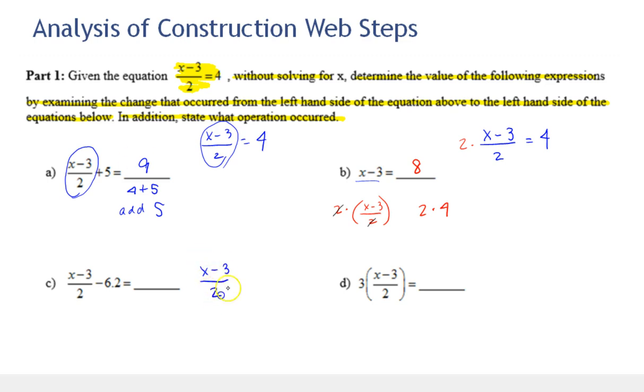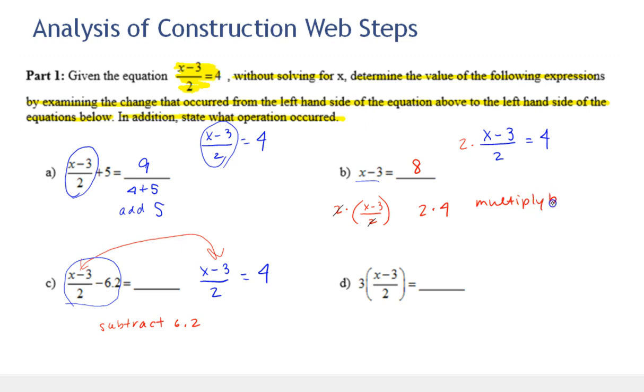x minus 3 over 2 equals 4. Well, looking at this left-hand side, it starts with the equivalent expression, but we subtract 6.2. Forgot to write here, sorry.